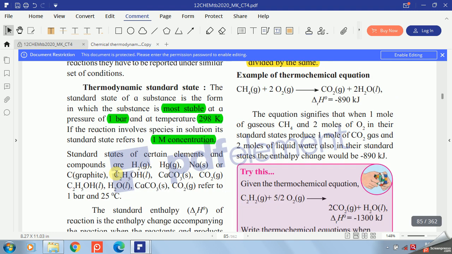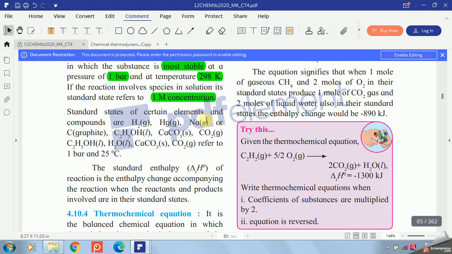And what is the concentration? Concentration always refers to 1 molar concentration. Now remember the standard states of certain elements and compounds: hydrogen, oxygen, nitrogen are in gaseous state. Mercury is in liquid state.